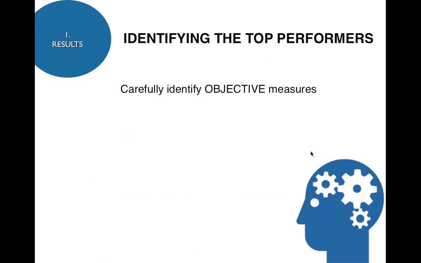Now, the next thing you have to do is carefully identify the objective measures. Of course, this is different from one industry to the other, and I would just like to give you some examples. If they are in a sales position, you could use objective measures such as sales per month, per quarter, or per annum.